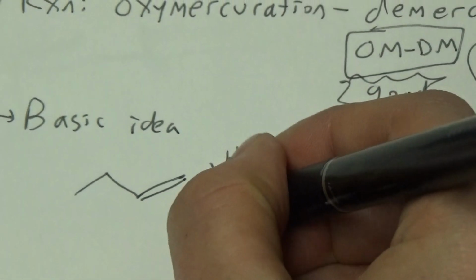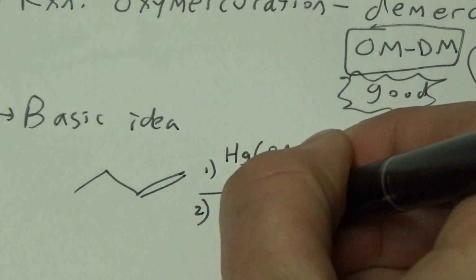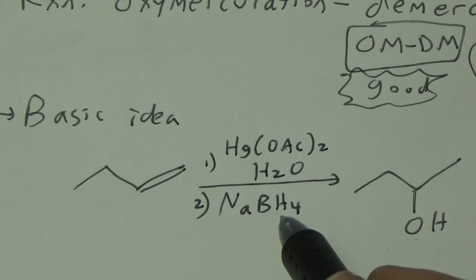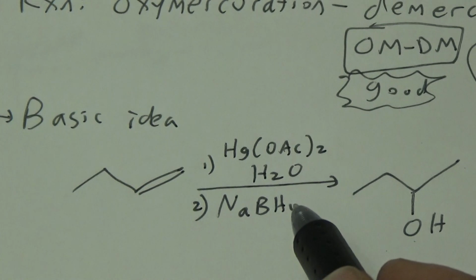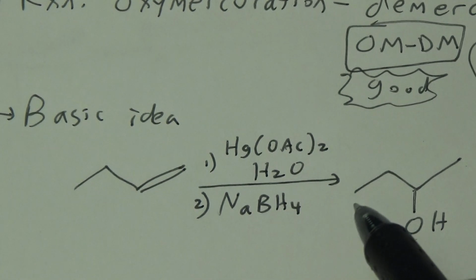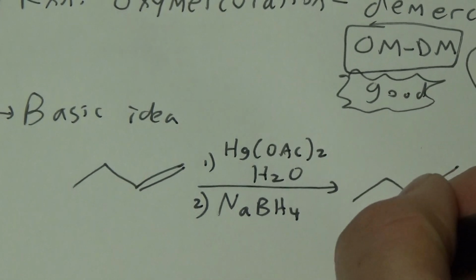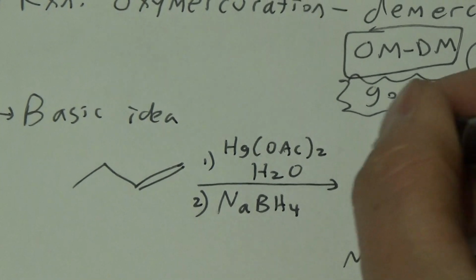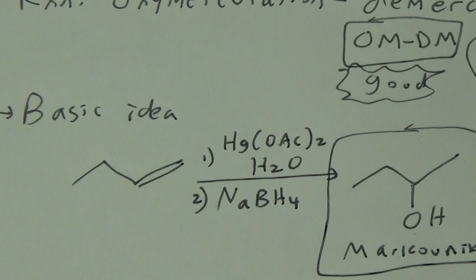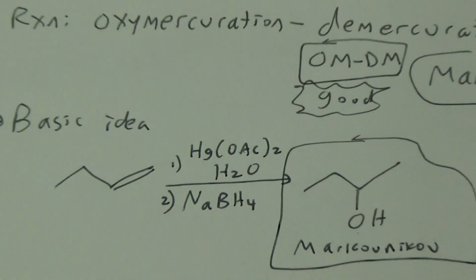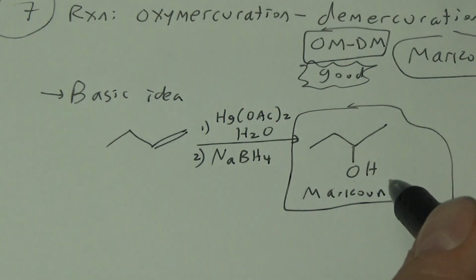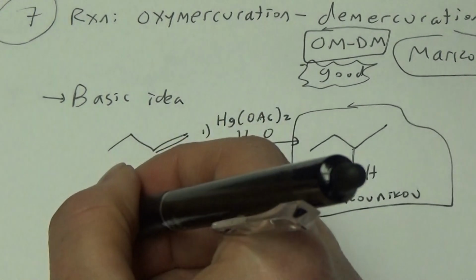And the second step is NaBH4, which is weird because you've seen NaBH4, but for other uses. We saw it for reduction of a ketone or something like that, right? But this is Markovnikov. Markovnikov alcohol formation, right? And we'll also learn the anti-Markovnikov version of this in a bit.